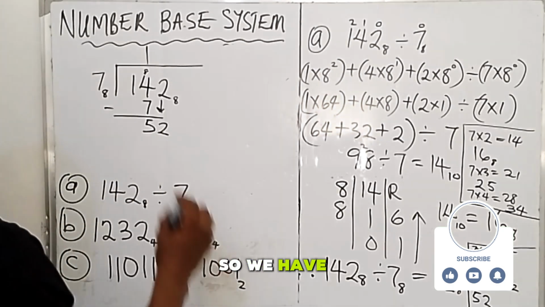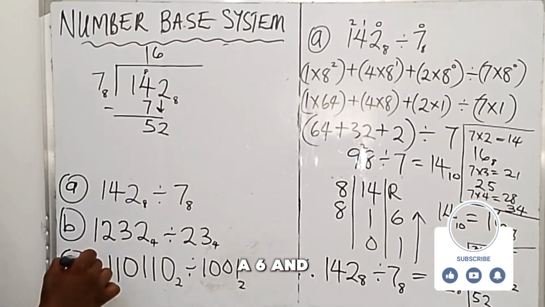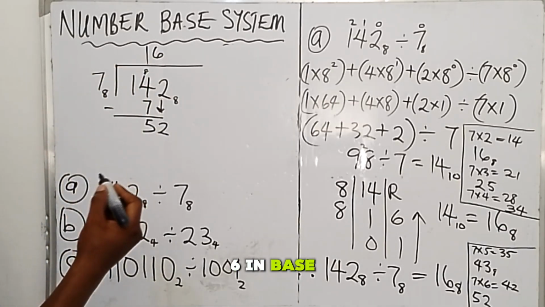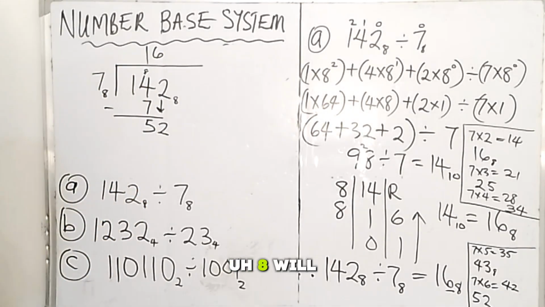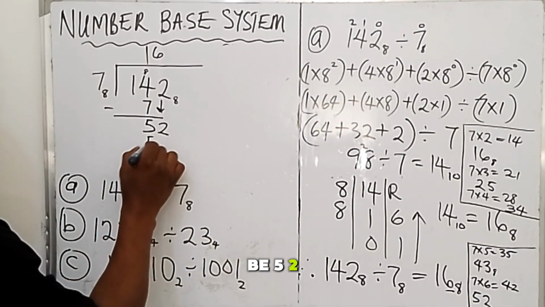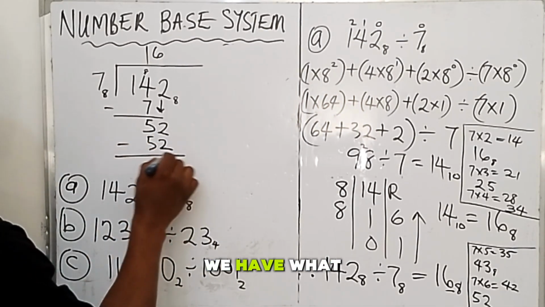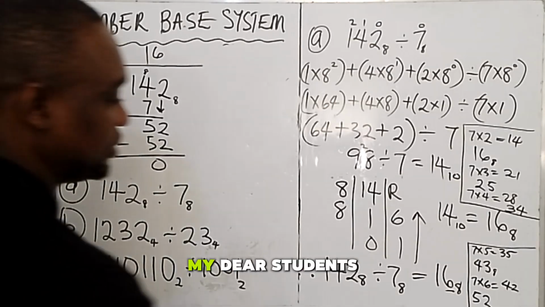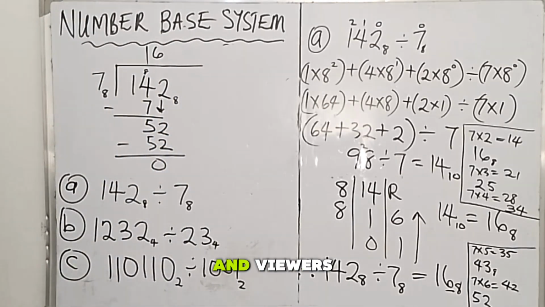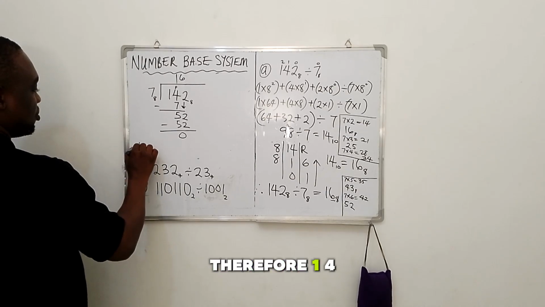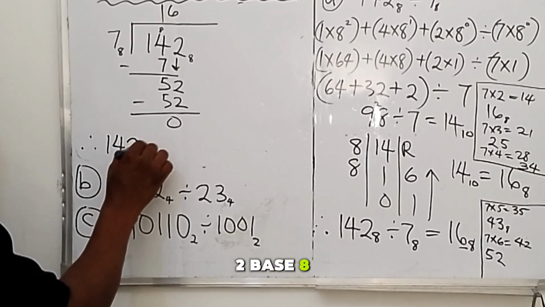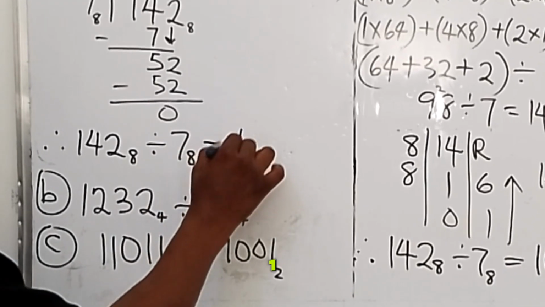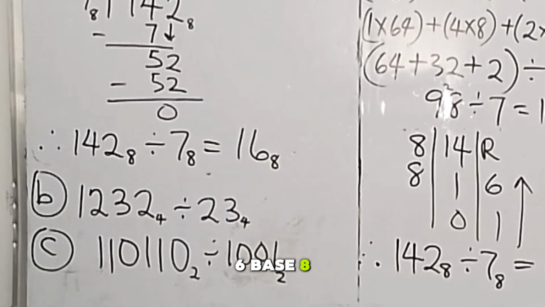So we have here a 6, and then 7 times 6 in base 8 will be 5, 2. We subtract and we have 0. So in conclusion, my dear students and viewers, 142 base 8 divided by 7 base 8 is actually 16 base 8. That is what it is.